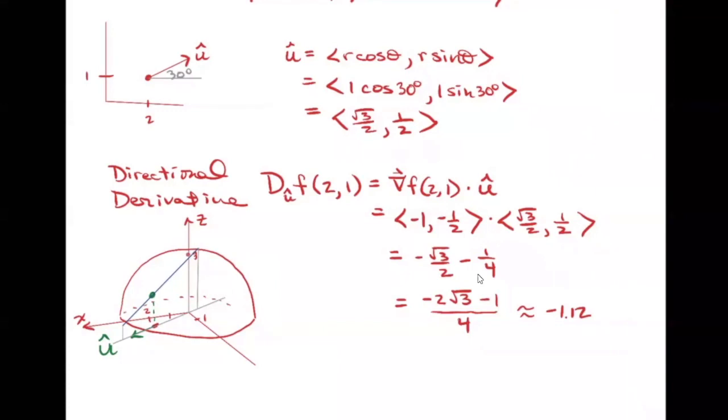So the slope of the blue line is the directional derivative. So that's the negative 1.12.